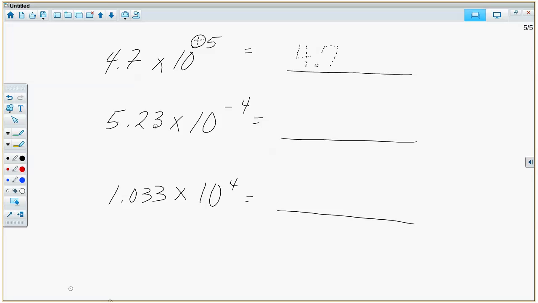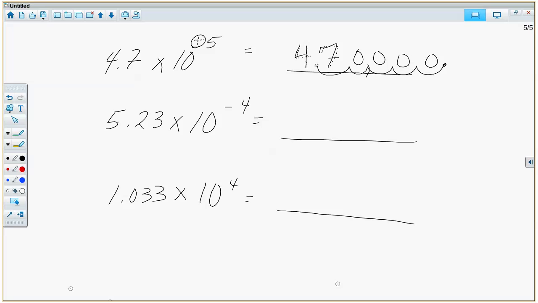So you're going to move that decimal 5 places to the what? 1, 2, 3, 4, 5. And nothing's there, so you put what? Zeros. And there's the decimal, and 1, 2, 3, and then fill in 470,000. And that's how you do these.